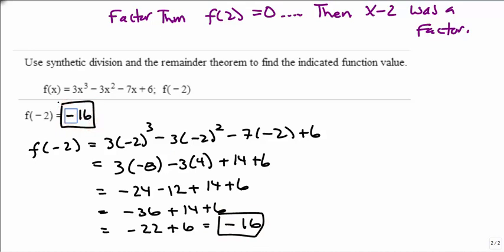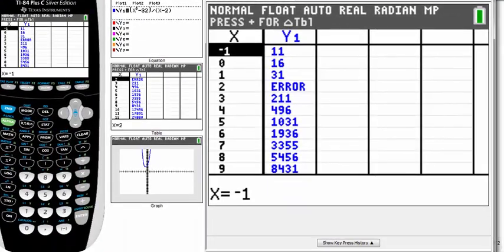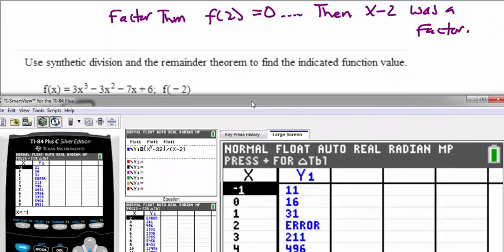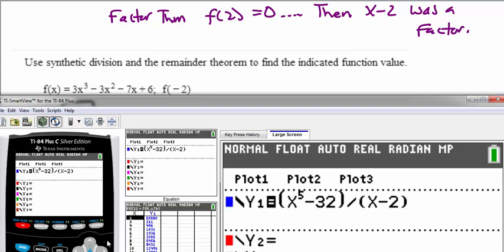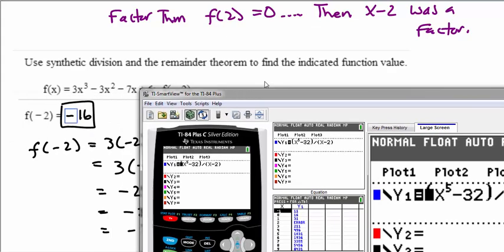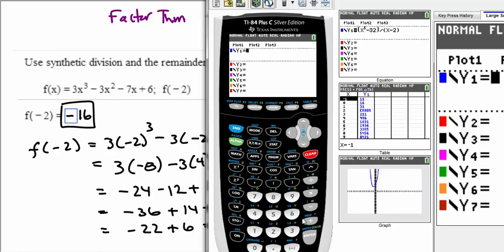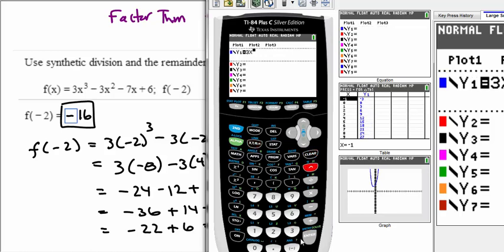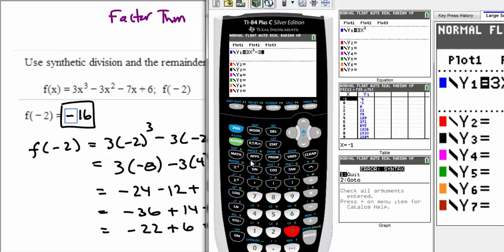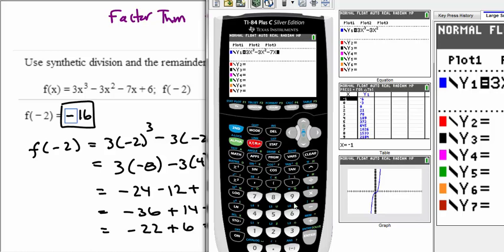Now we could also get this answer pretty easily checking our work on our calculator as well. So a quick problem that we could do for the calculator, I want to make sure I can see the original problem here. We have 3x cubed, so let's go y equal, and let's go ahead and input this function. 3x cubed minus 3x squared minus 7x plus 6.